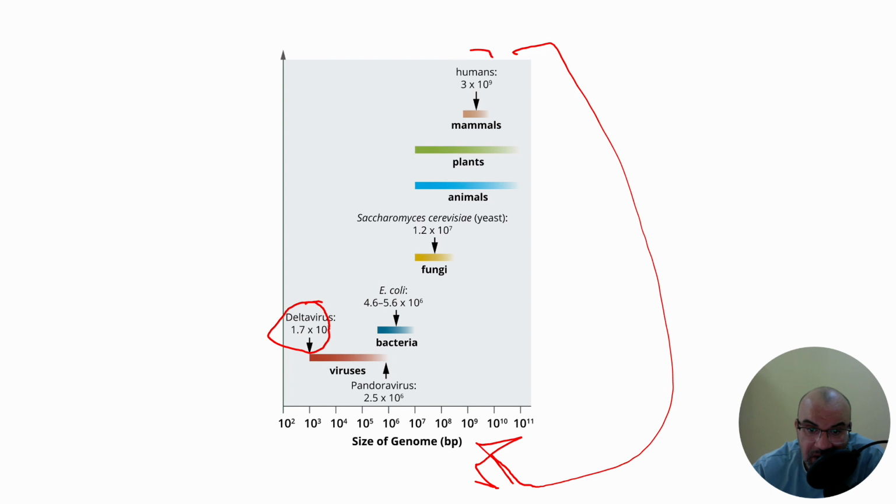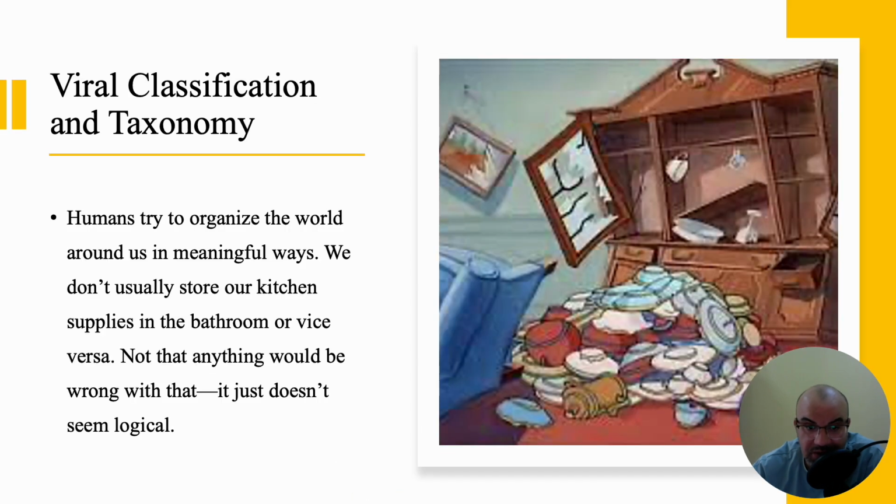And when we talk about human cells, we are talking about 3 multiplied by 10 to the power of 9. So we're talking about six more zeros, just to describe the size of the genome. This is how much the complexity or size differs.